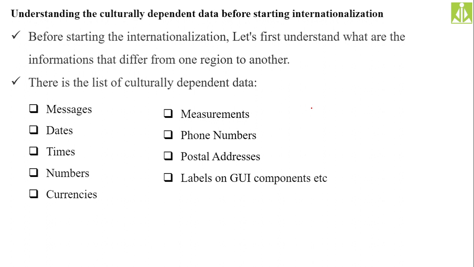These are a few of the pieces of information that are culturally dependent on a region: messages, dates, times, numbers, currencies, measurements, phone numbers also, country codes will change, postal addresses, labels and GUI components.